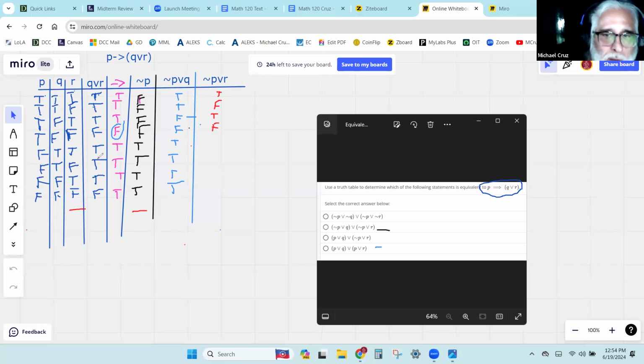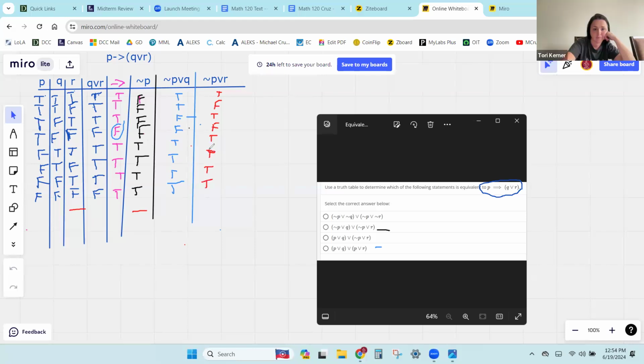And then once I do it, I got to put these together. So I think that's right. Yep.